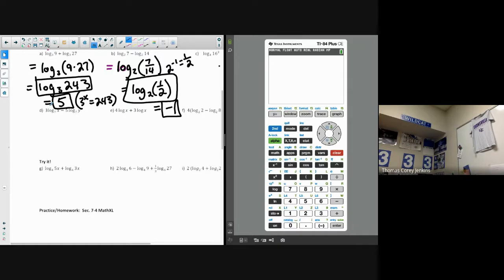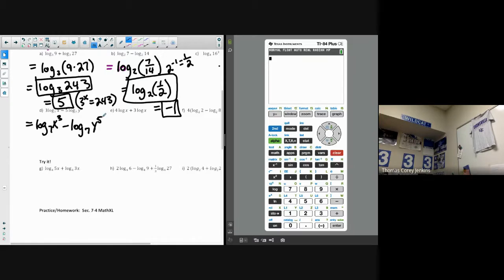Power to a power, you multiply the exponents. That's the kind of property we're using here. So I'm going to rewrite these terms as log base 7 of x cubed minus log base 7 of y to the 5th.